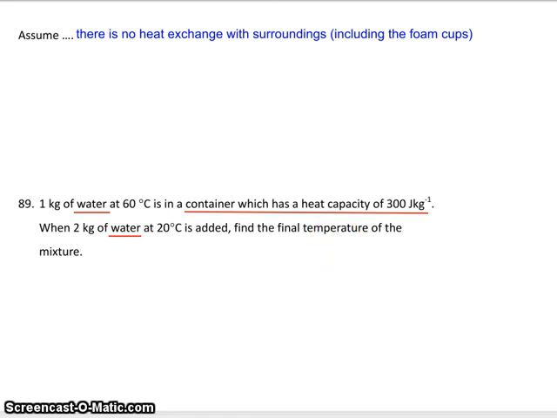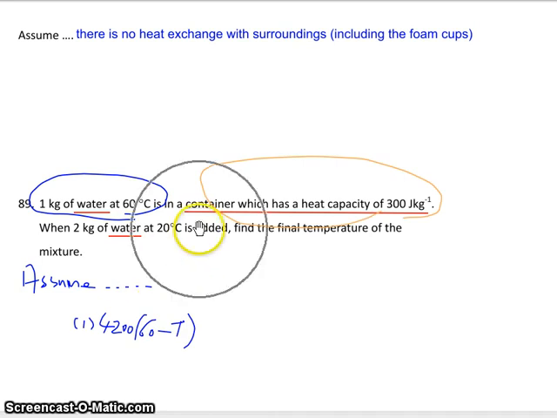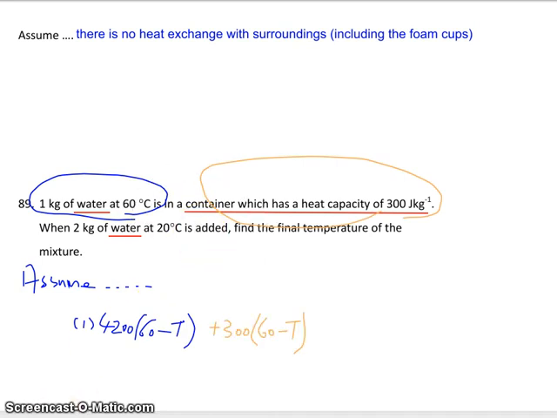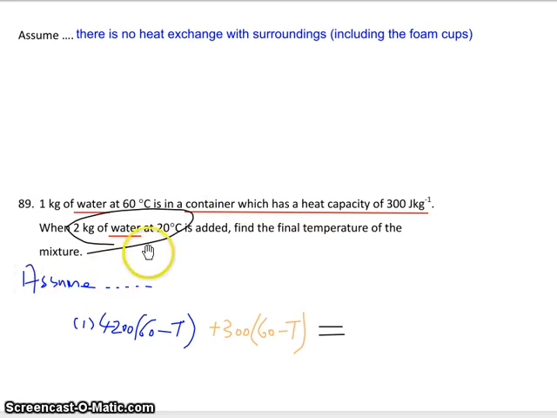Let's do it together. First, we assume there's no heat exchange with the surroundings. And then there's heat loss by the hot water, and also heat loss by the hot container. In this case, you should note that the initial temperature of the hot container is also 60 degrees Celsius. And then the energy will be absorbed by the cold water, which is 2 times 4200 times bracket T minus 20.